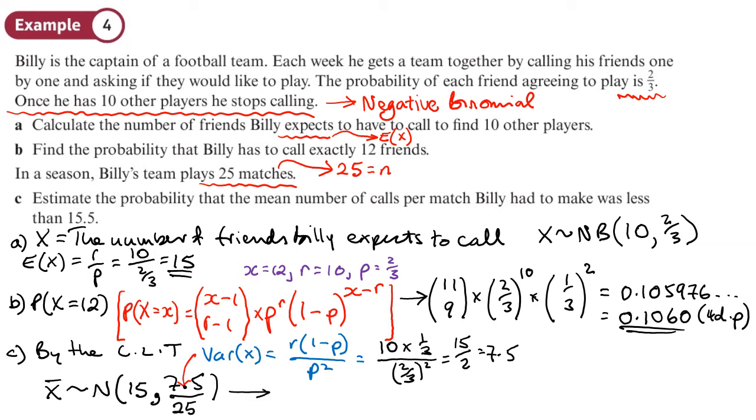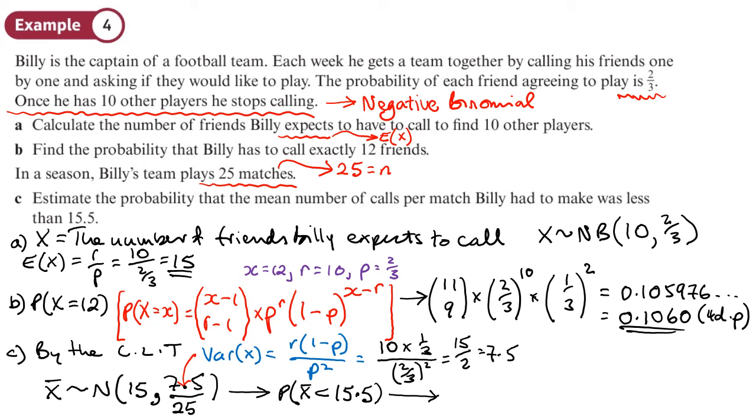And what we want to do with this is find the probability that this sample mean is less than 15.5. So the rest can just be done on the calculator now. So we change mode and we go back to where we can type in our normal distribution, normal CD. We type in a lower limit, something small, so we'll do 0, an upper limit of 15.5.